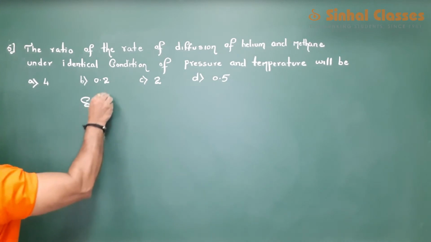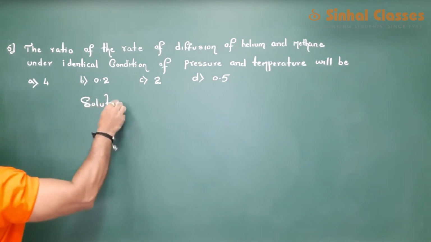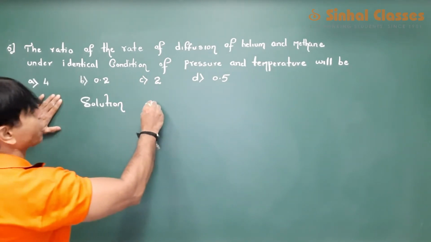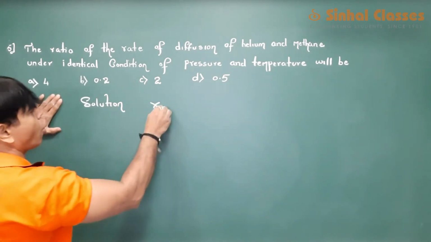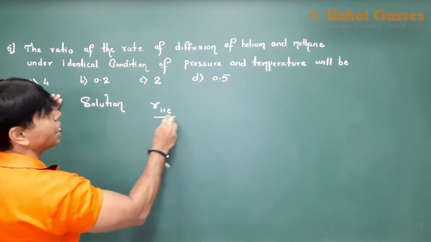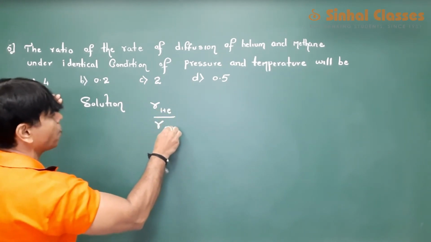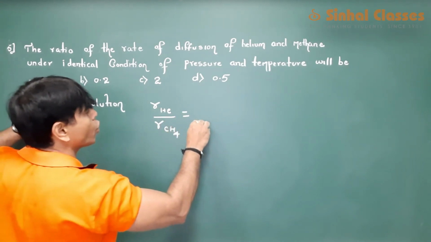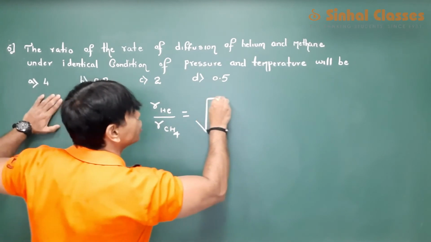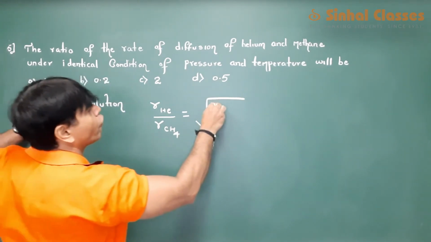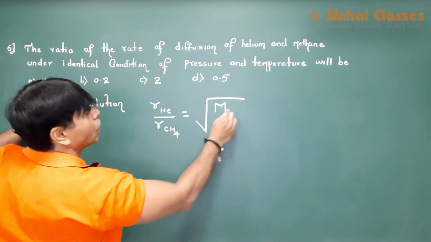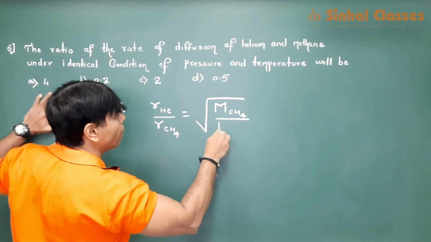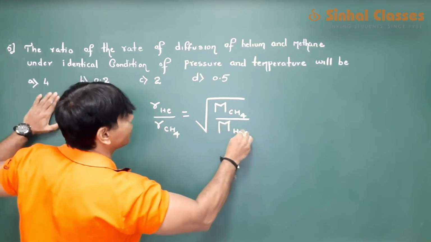Now we know that under identical condition of pressure and temperature, the rate of diffusion of helium and rate of diffusion of methane is equal to square root of molecular weight of methane upon molecular weight of helium.